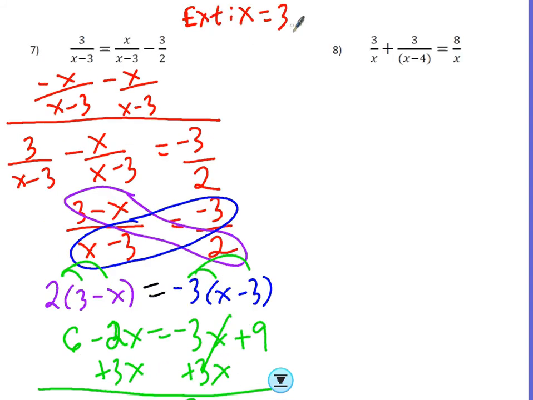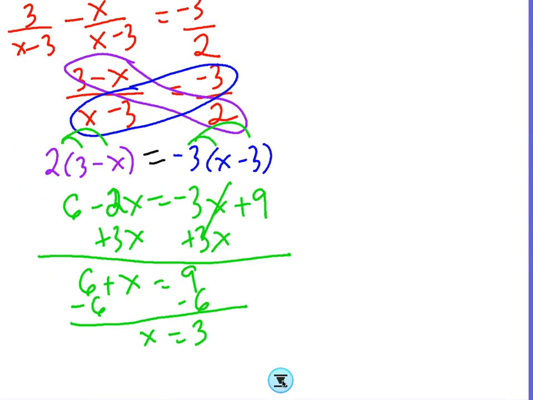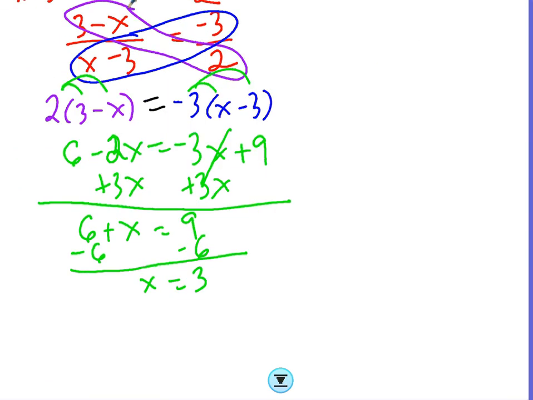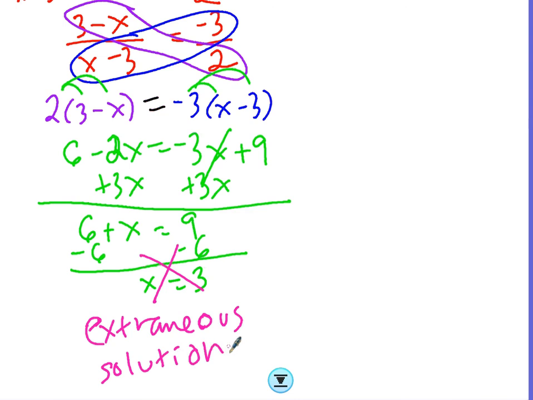So what that means is that I'm going to cross this out and I'm going to write extraneous solution. Because this was our only solution and it was extraneous, I could also write no solution because the only solution that I found was not real, it was extraneous.